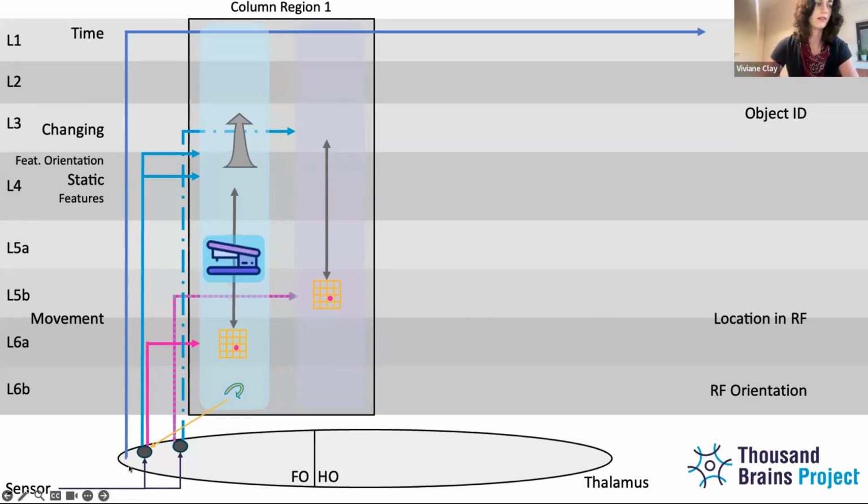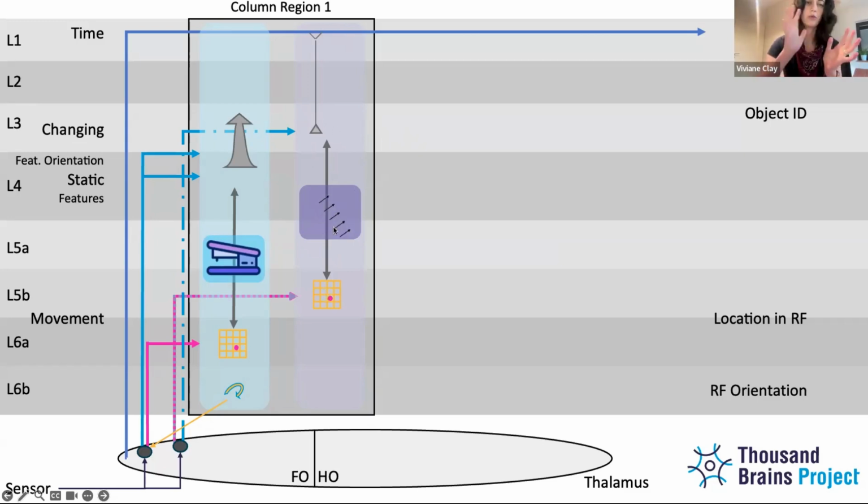So here the working hypothesis is that matrix cells in the thalamus could broadcast a global timing signal to this column, which can be picked up by these apical dendrites of pyramidal cells in layer 3. And then the model of the behavior is basically changes at locations over time.